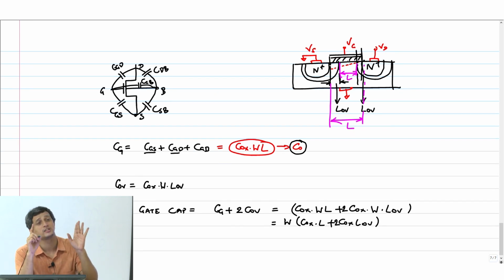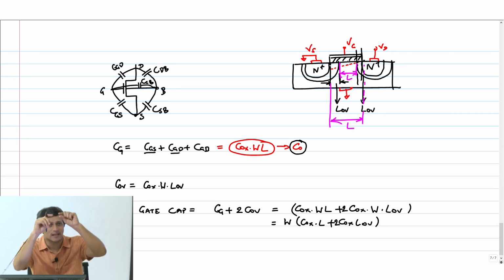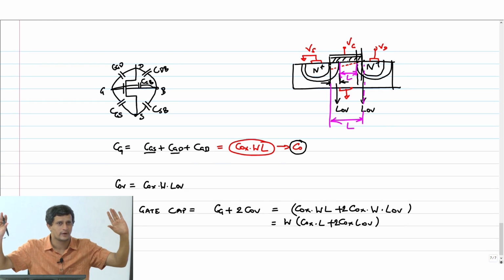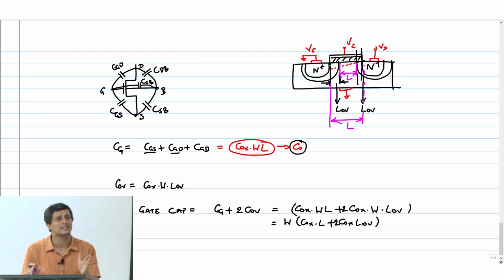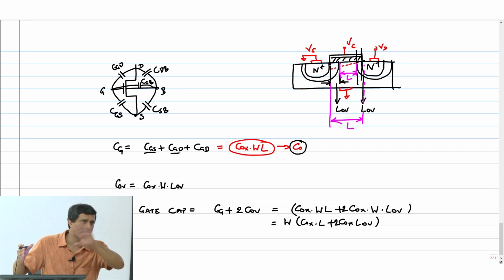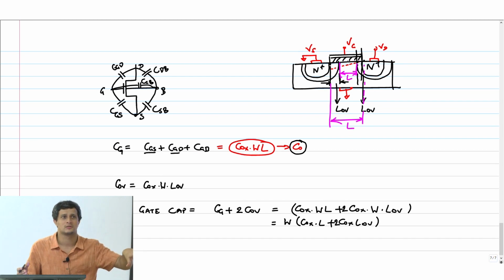CGS and CGD are 0. If it is in linear mode, then the charge distribution in the channel is uniform, so CGS and CGD are just C naught by 2 each. And the third condition, when it is in saturation, there is an uneven distribution where there is more charge on the source side rather than drain side. Therefore, that capacitance again changes.